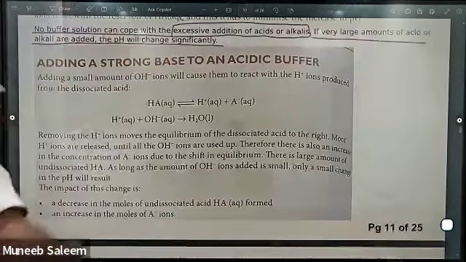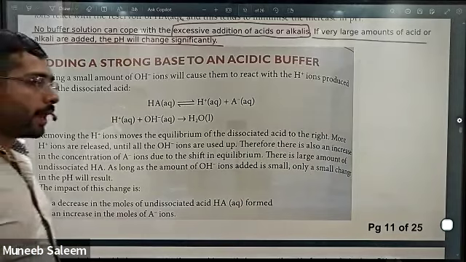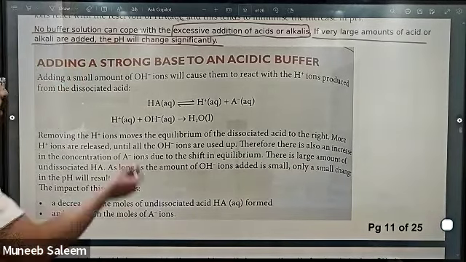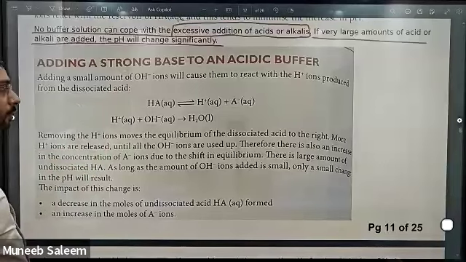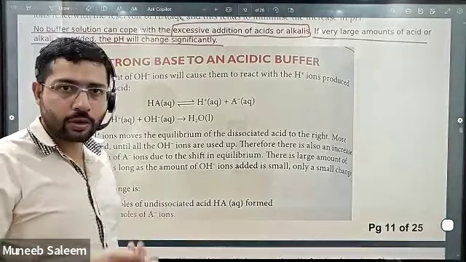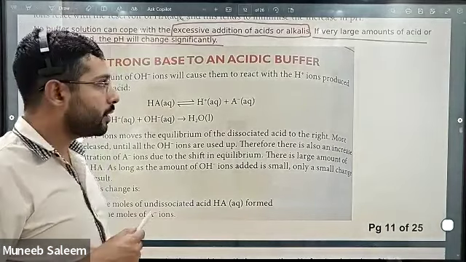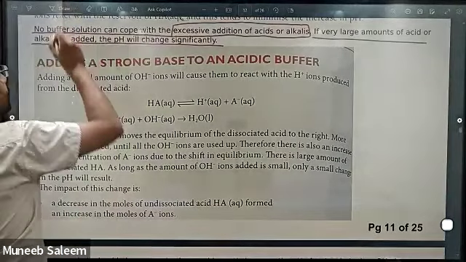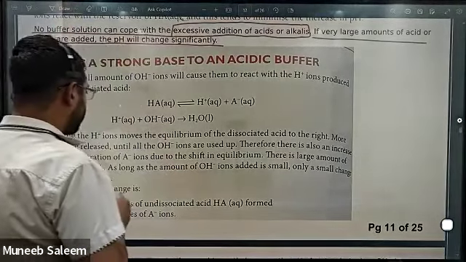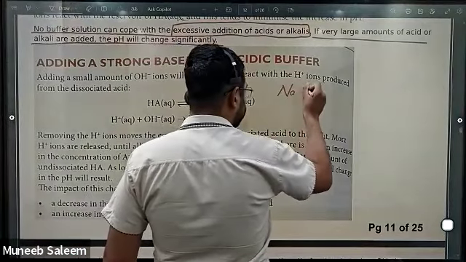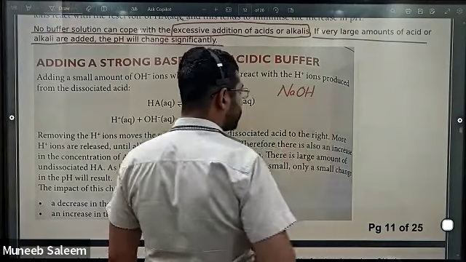Now the second action by the acidic buffer is against an added strong base. In this situation, you add a strong base and see how the buffer tries to resist the change in pH. I will take NaOH as an example. It's a strong base.